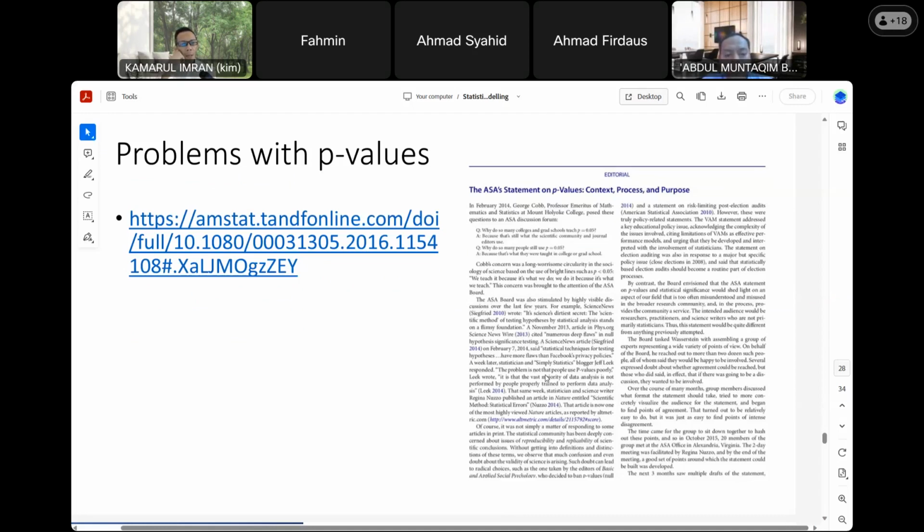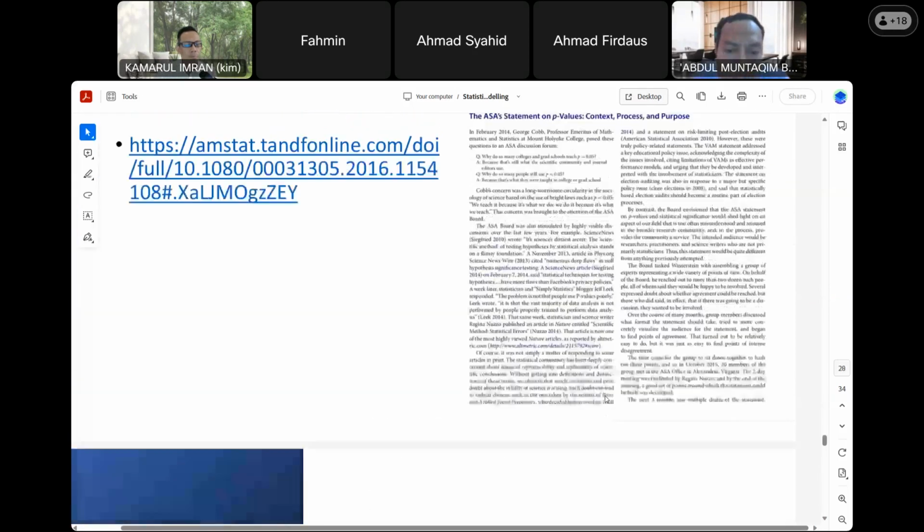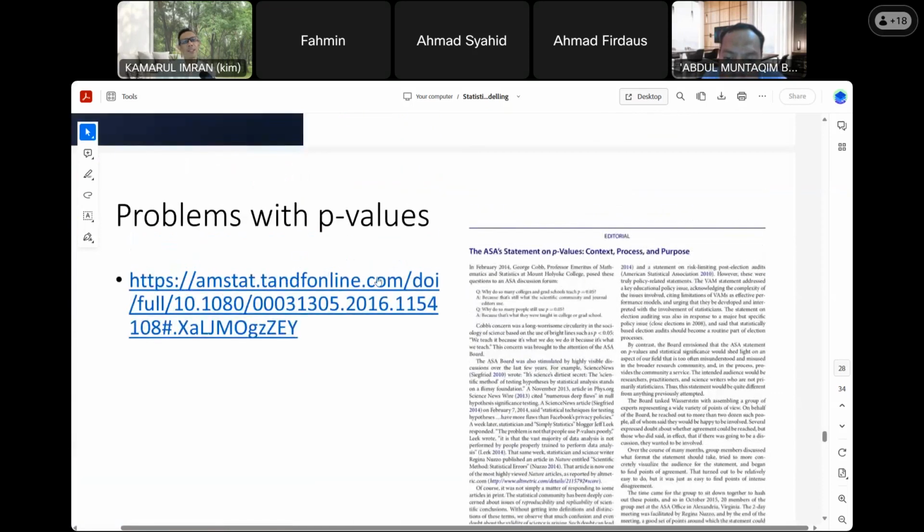So this is the American Statistical Association statement. Okay, bukan calang-calang lah. This is the American Statistical Association's statement on p-values, context, process and purpose. Nanti baca this one, but in short they say that don't use p-value lah, which is quite radical.